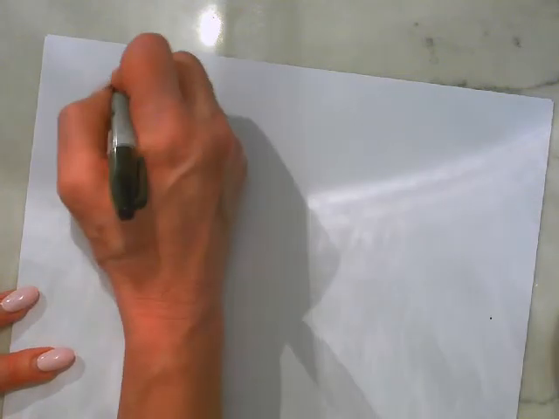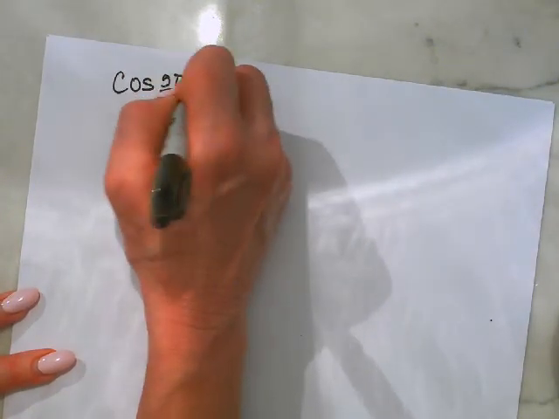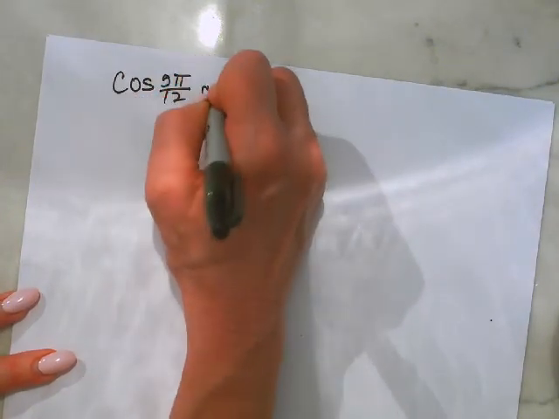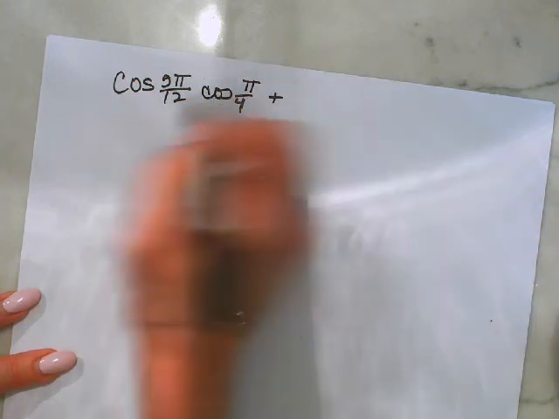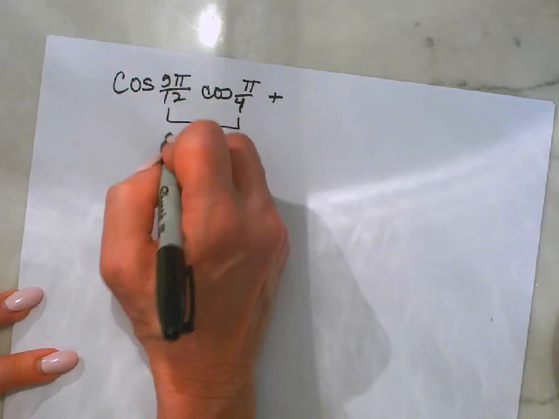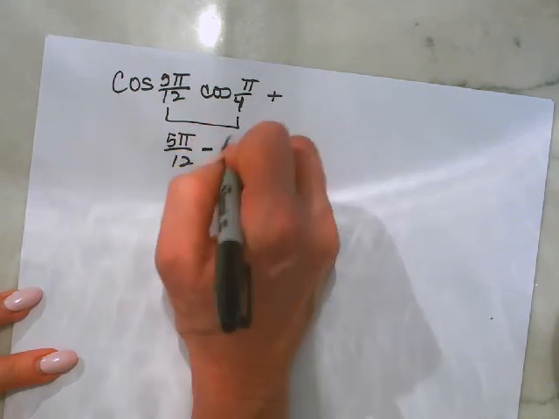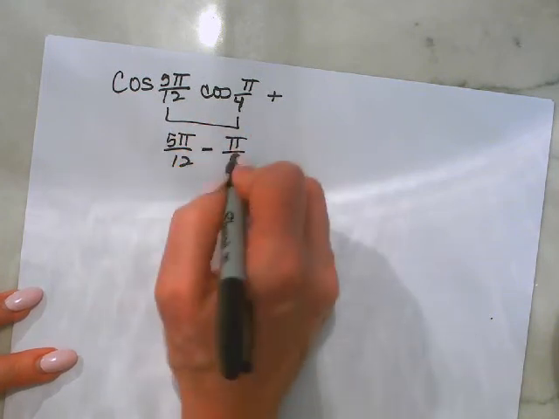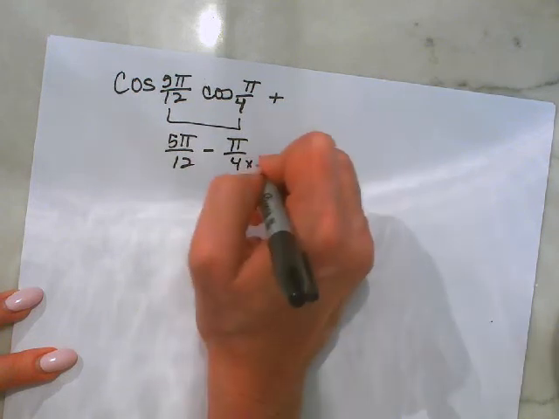And then the last one was cosine. Actually, I think I need another piece of paper. The whole last one, cosine of 5 pi over 12, cosine pi over 4, I'm sorry. It was plus, so I know it's a minus. So I'm just going to subtract these two. It's going to be 5 pi over 12 minus pi over 4.